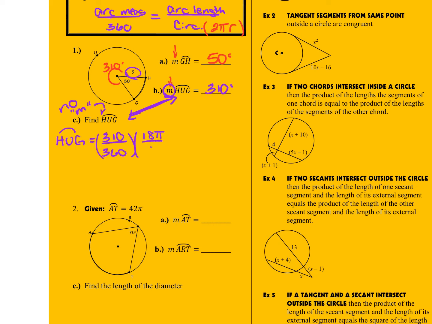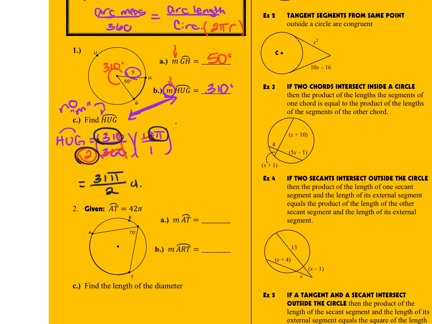Now, if we go through this algebraically, I'm going to reduce these zeros first, and then the 18 will divide into the 36 twice. Nothing else is going to reduce, so I still have a 31, I still have a pi, I still have a 2. So the length of this arc is going to be 31 pi over 2. And we'll put a little u on there for units.